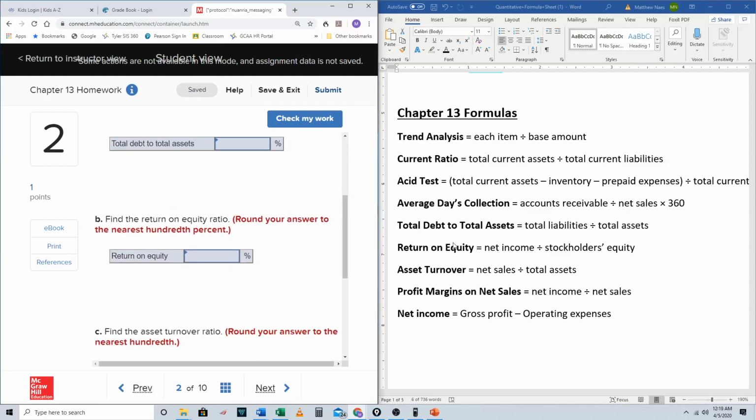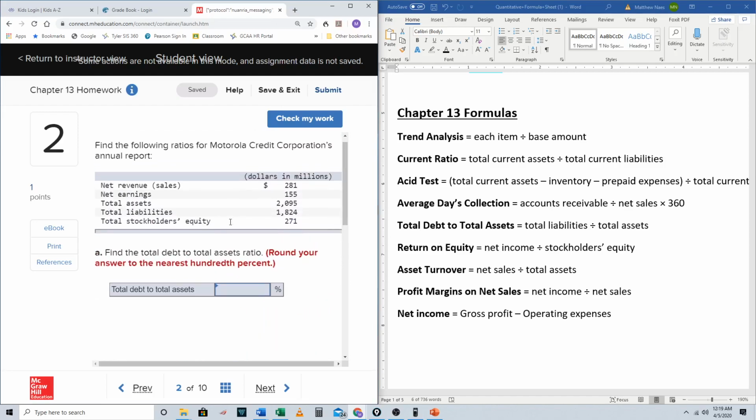Return on equity. Net income over stockholders' equity. Now this is where it gets a bit interesting because you don't see net income anywhere. You see stockholders' equity, but not net income. That's where I'm going to mark on here with my pen. This right here, this is net income. If you just want to change that to income, go right ahead.